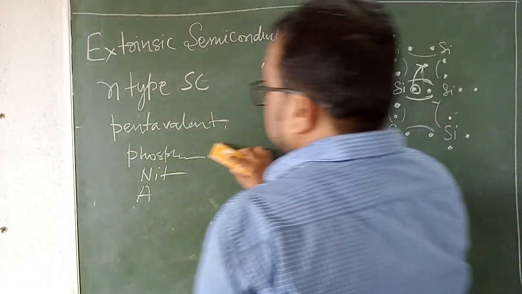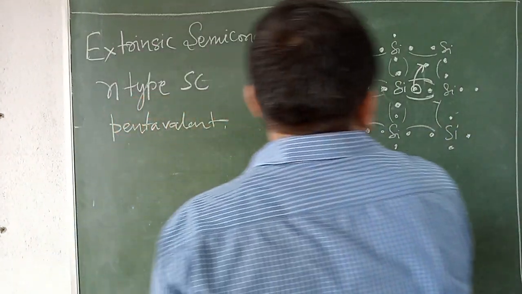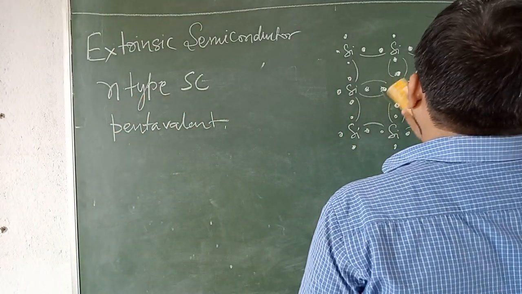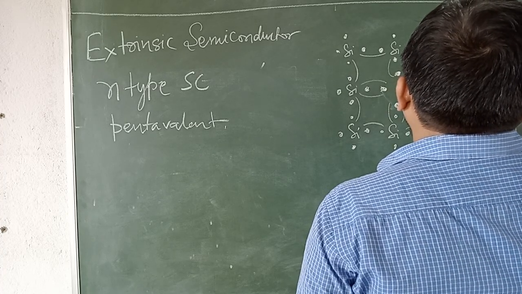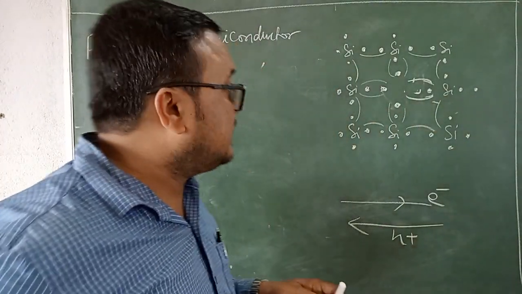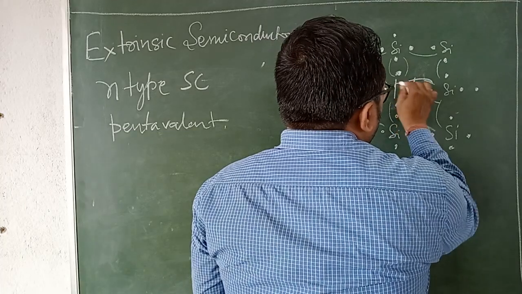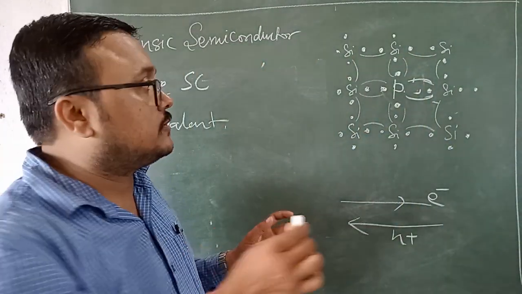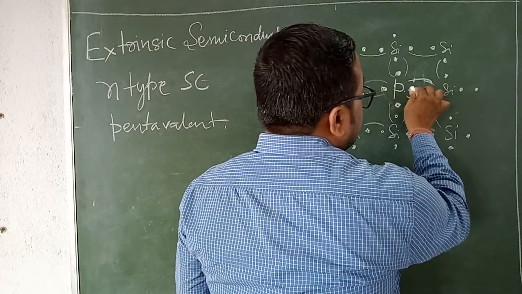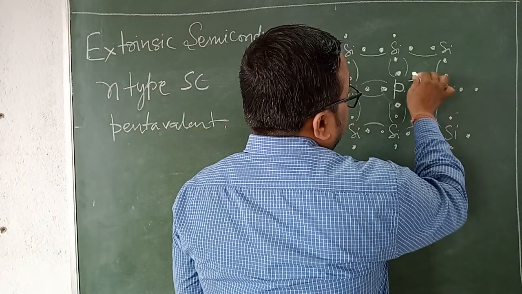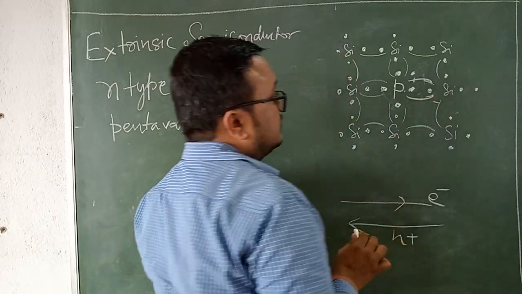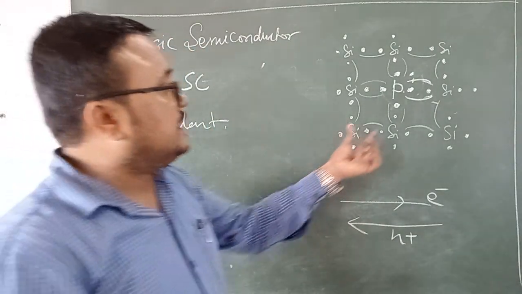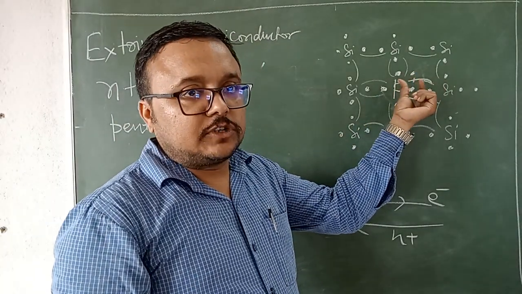When we dope with a pentavalent impurity, one pentavalent atom takes the place of silicon. A pentavalent atom has 5 electrons in the outermost orbit. Four electrons make bonds, but the 5th electron does not take part in bonding, and it is weakly attached to the phosphorus.